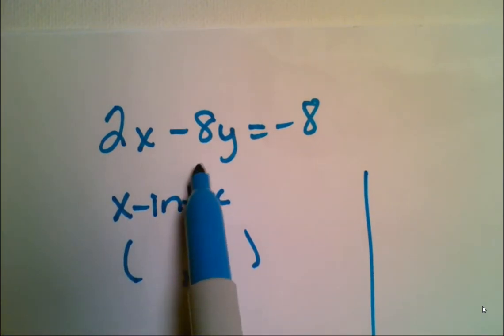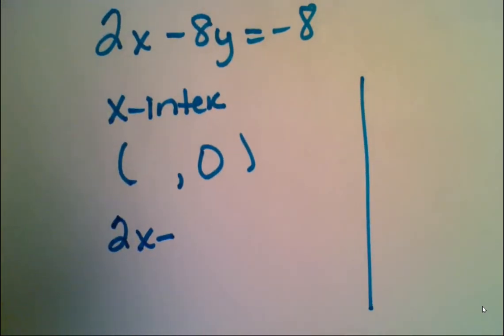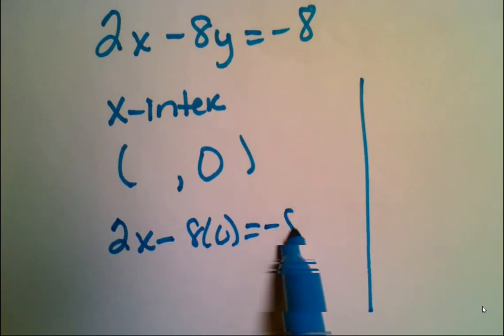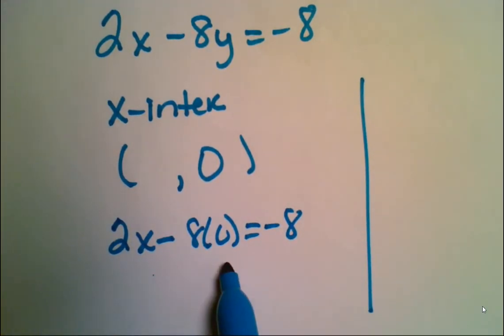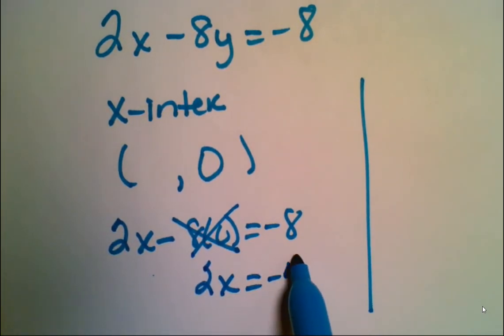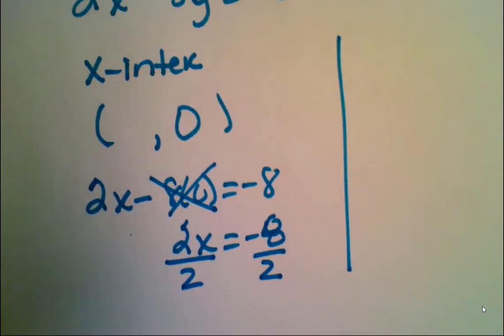So we're going to go back to our equation and substitute 0 in for y. 2x minus 8 times 0, we know negative 8 times 0 is 0, so we have 2x is equal to negative 8, divide by 2, and x is equal to negative 4.